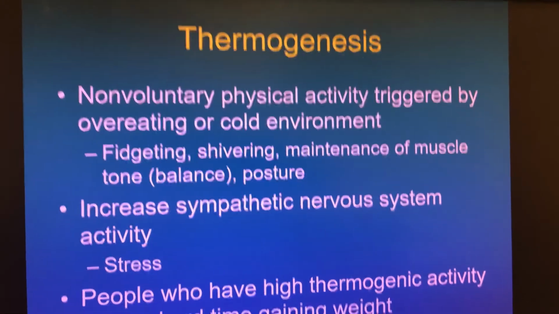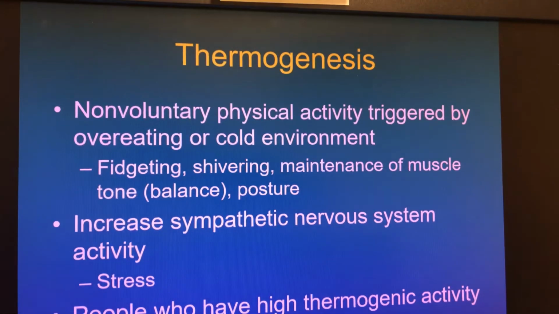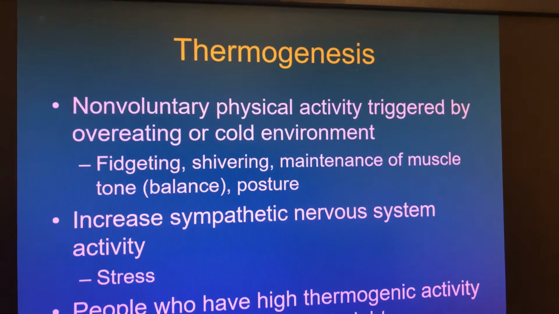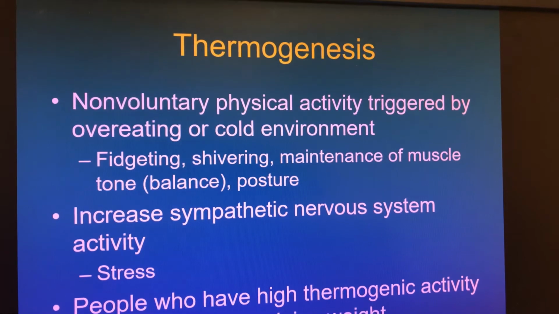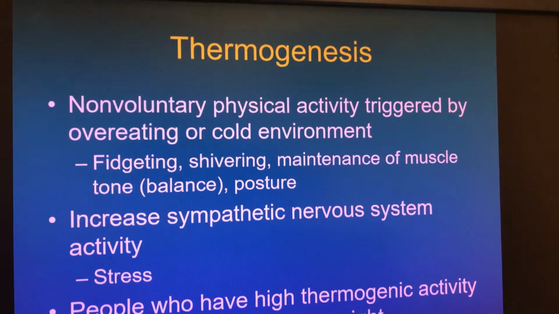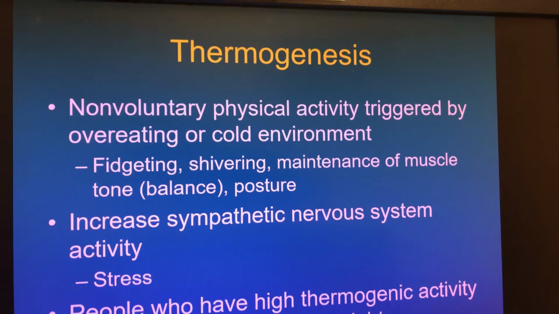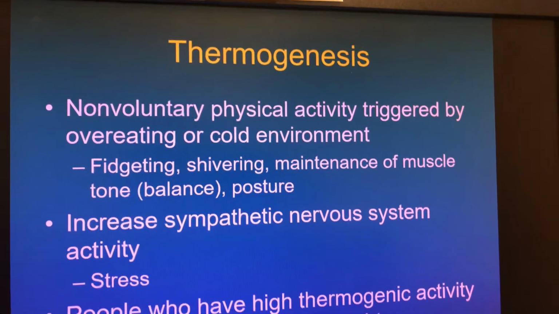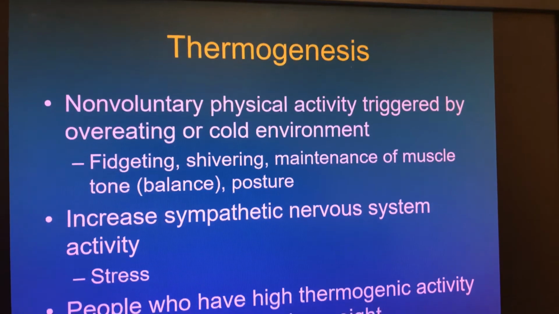So things like fidgeting, shivering, maintenance of muscle tone or balance. You might have seen balance boards. It requires some energy to maintain balance and posture as well. You'll burn more energy sitting than lying down, and more energy standing versus sitting.